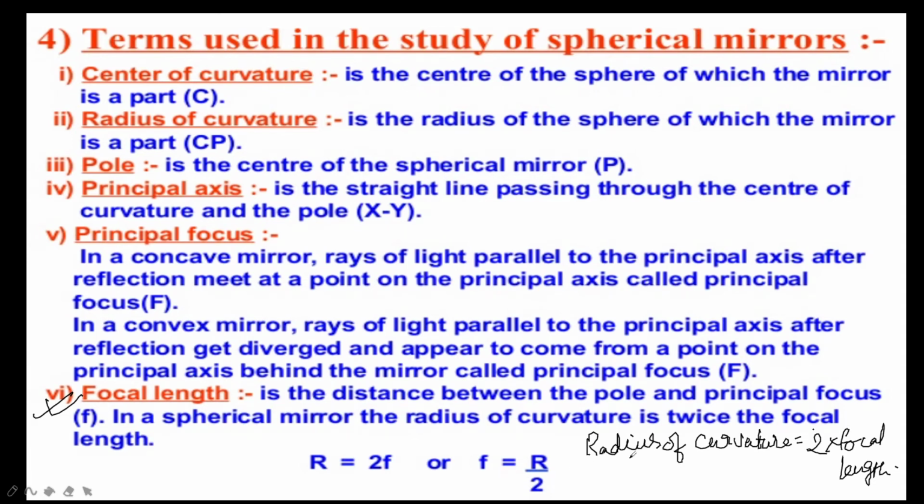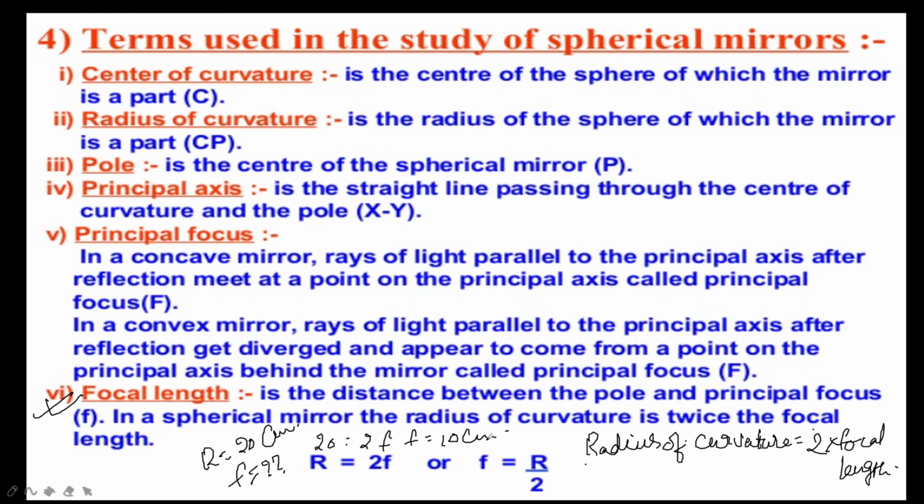If the radius of curvature of a spherical mirror R is given as 20 centimeters, what is the focal length? Quickly write the answer in the chat box. R equals 2F. R is given as 20, equal to 2F, so F equals 20 by 2, which is 10 centimeters. 10 centimeters is the focal length.